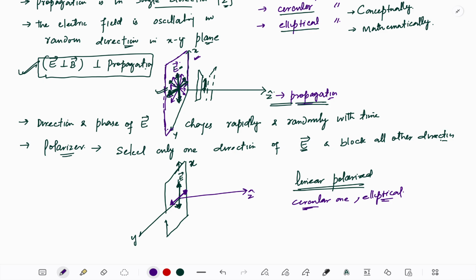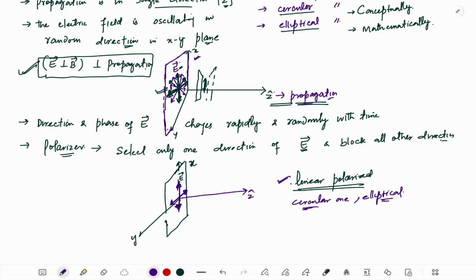What I mean is that after the polarizer, the light is linearly polarized. First, let's use this term, linearly polarized. In that case, the electric field oscillates in one fixed direction. We use the x-axis. And keep in mind that the magnetic field would obviously be in the y direction at that time, because it has to be perpendicular to the electric field.